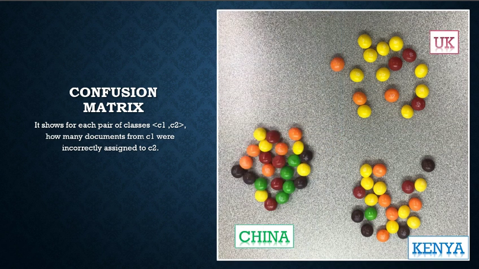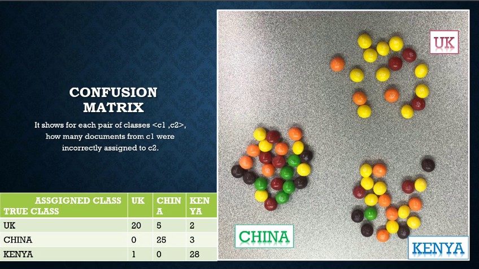Let's look at this table for our examples. For the topic of UK, there are in total 20 documents, and 5 documents from it were incorrectly assigned to the topic of China. To address this error, one could attempt to introduce features that distinguish UK documents from China documents.